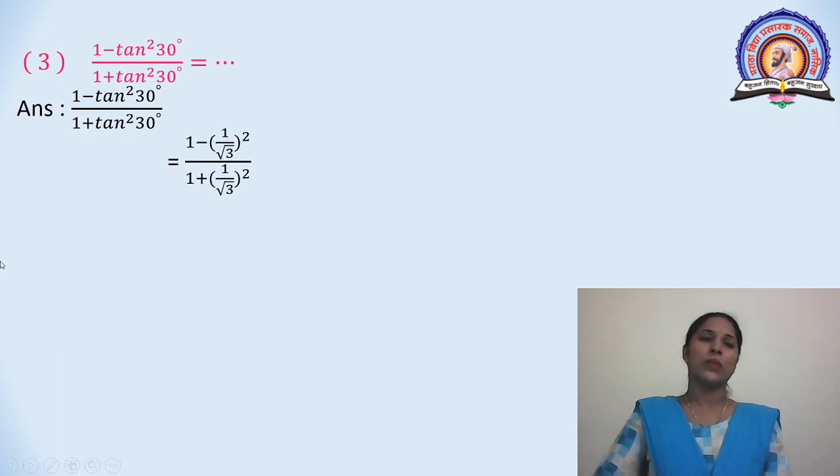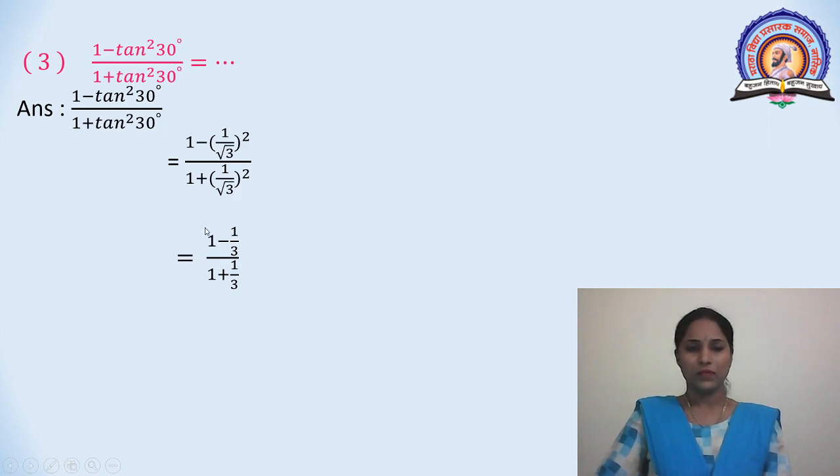Taking this value, we get 1 minus 1 by root 3 its square, total divided by 1 plus 1 by root 3 its square. This is equal to 1 minus 1 by 3 divided by 1 plus 1 by 3.